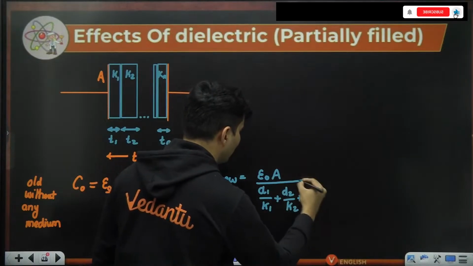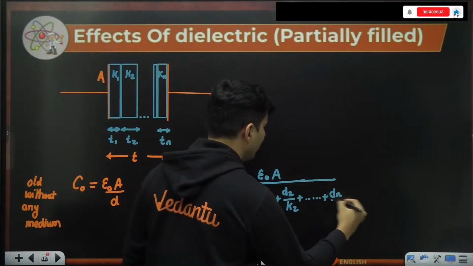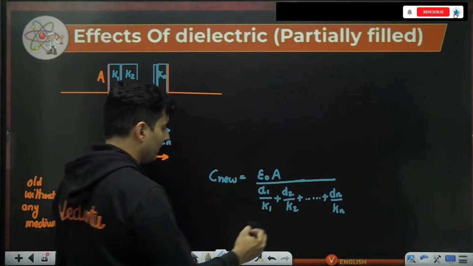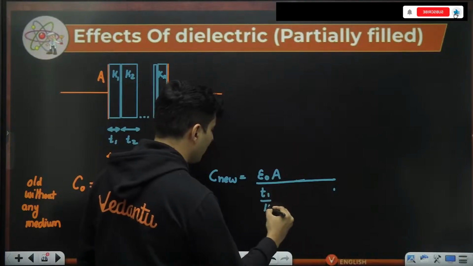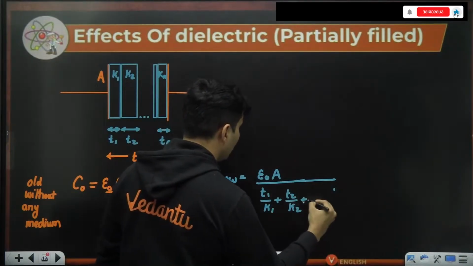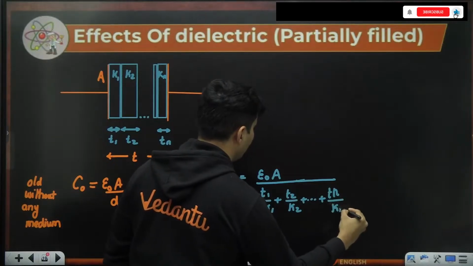Like that, whatever number of slabs are there, that many terms will come. Last term will be Dn by Kn. Sorry, instead of distance we can also put thickness. My bad, I've used the T symbol. So T1 by K1 plus T2 by K2 and so on and so forth. Last will be thickness n divided by Kn.